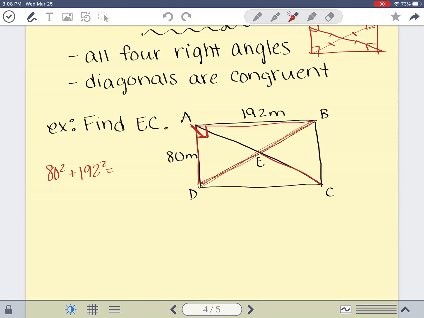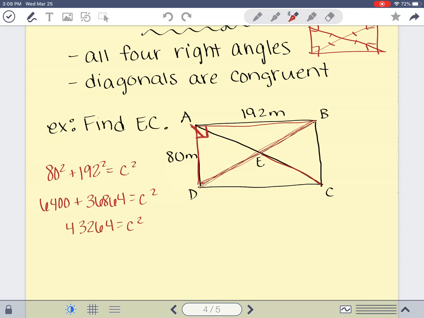So we have 80 squared plus 192 squared is going to equal our C squared. 80 squared is 6,400. 192 squared, ooh, this is a big one, is 36,864.